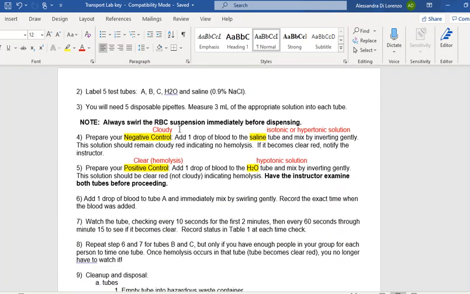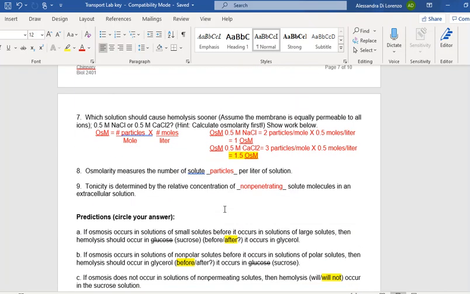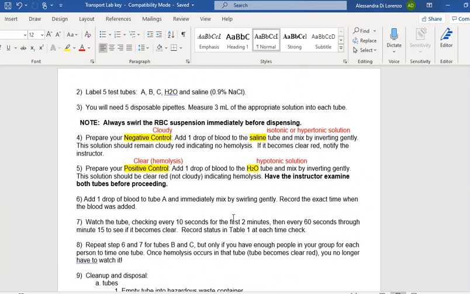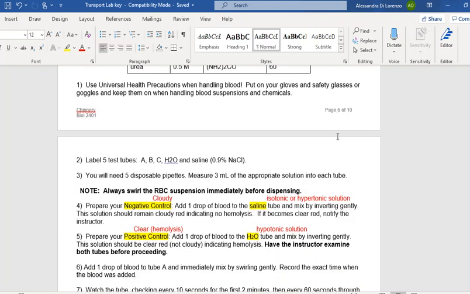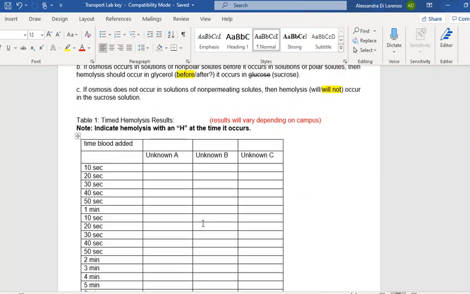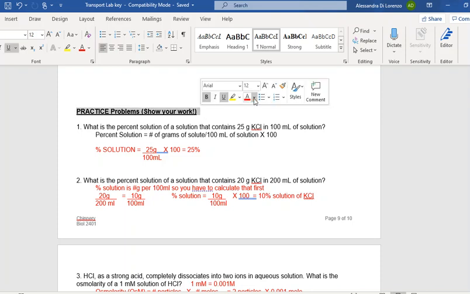Although there are some things that I put in the answer key, I'm telling you to go ahead and skip those, because it's a practical thing where you are given three solutes, and you have to determine, based on observation, which one is penetrating or non-penetrating. So I'm going to skip all that.